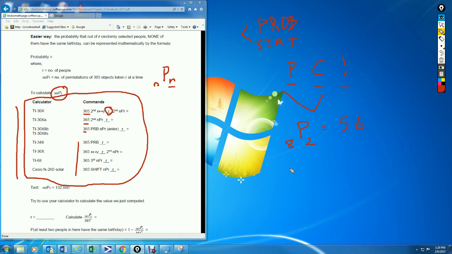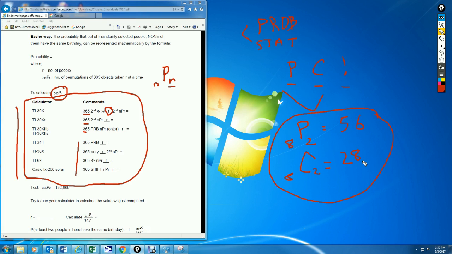It should be very close to the permutation button on your calculator, or like I said, if you have to go into the menu, it's right there. Okay, so 8C2 is equal to 28. Okay, so use these as your test cases.